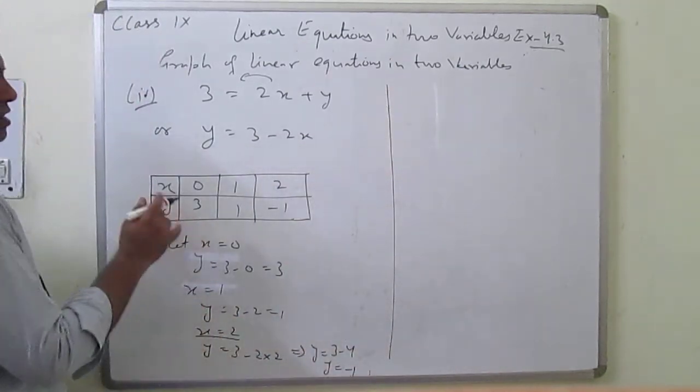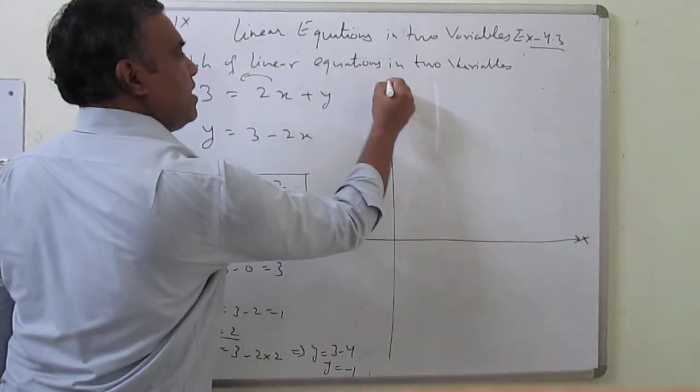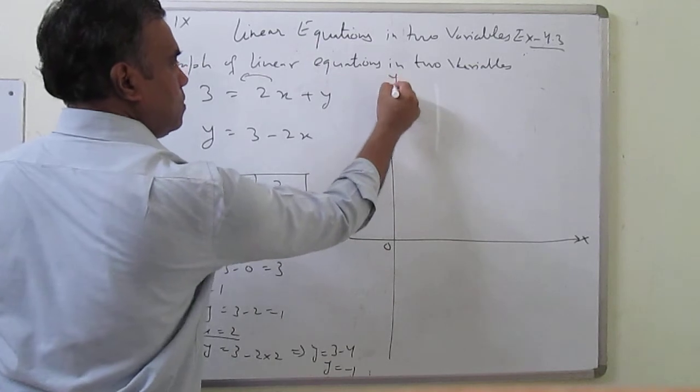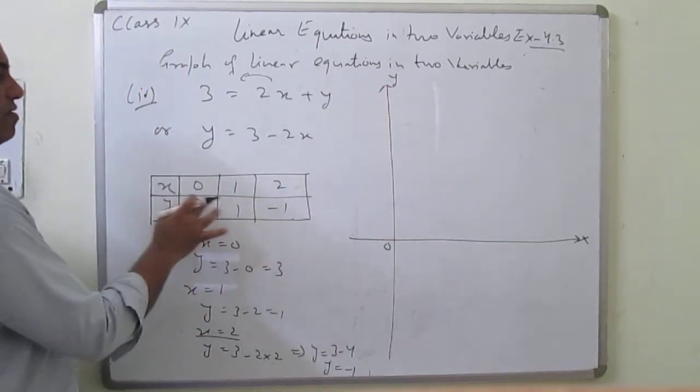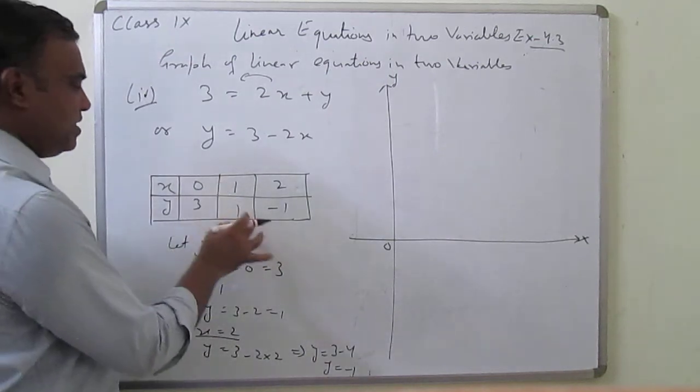Now see in the graph the plotting of this equation. See here, this is the x-axis, this is the y-axis, and this is 0. Again you can take the scale: 1 centimeter is equal to 1 unit on the x-axis and y-axis.